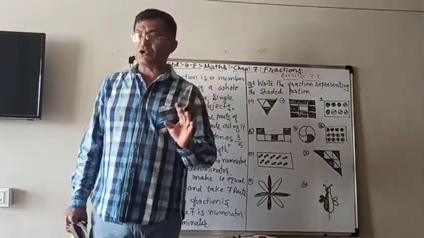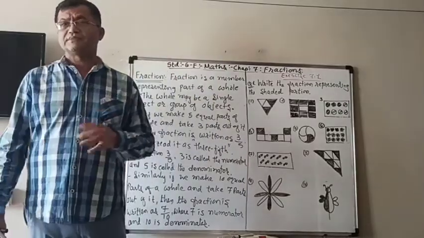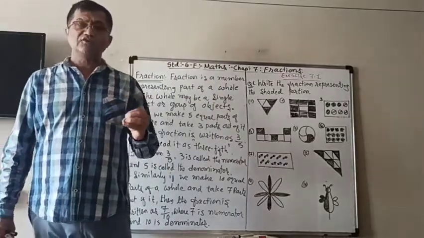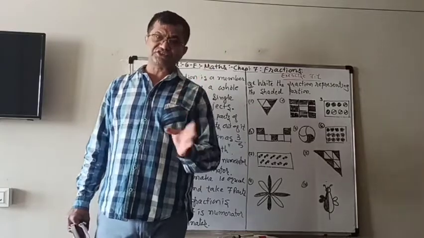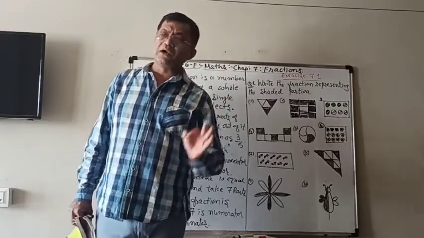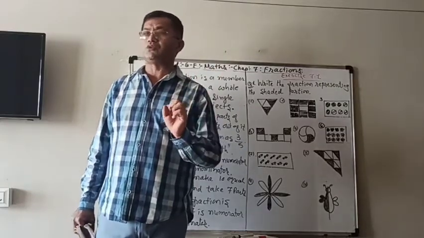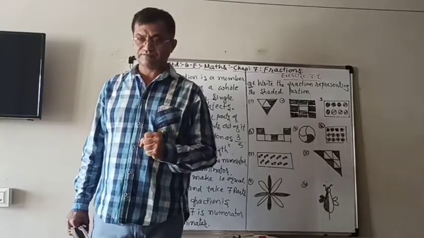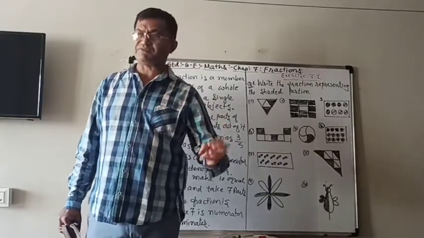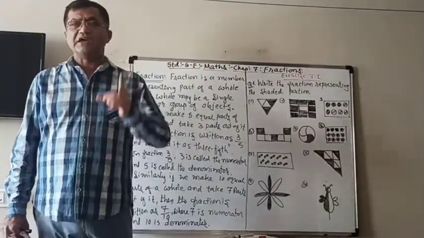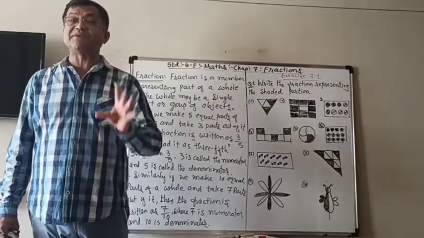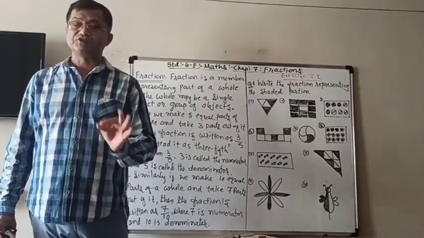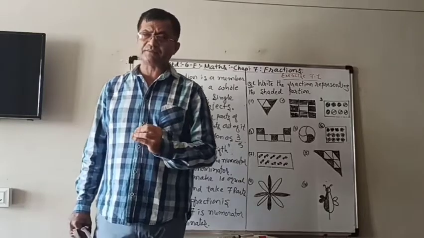And you have to remember that whenever we talk about a fraction, the whole must be divided into equal parts. 10 or 7 or 15, whatever parts we make, all the parts must be equal, which is written in the denominator.